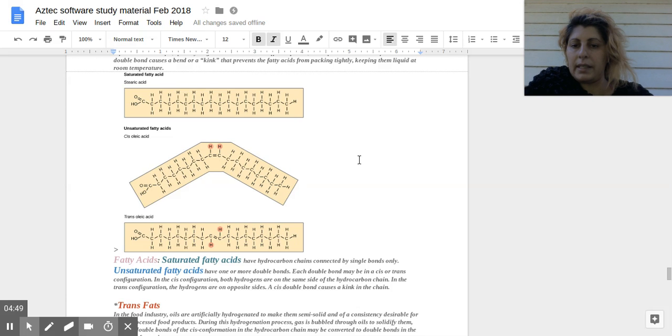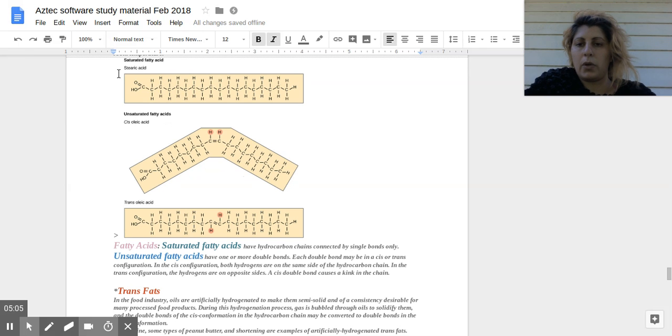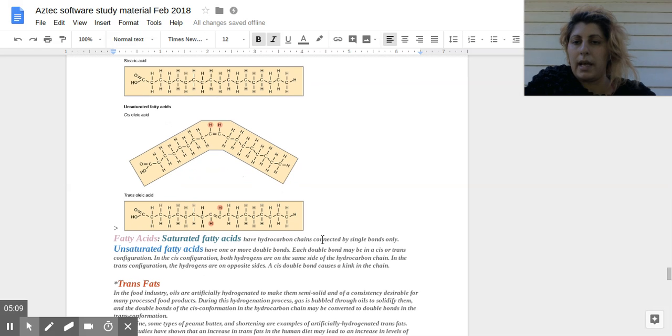So if it is a cis, there is a kink produced in the chain. It's not a straight chain, as in a trans conformation of unsaturated, or even saturated, which are straight chains.